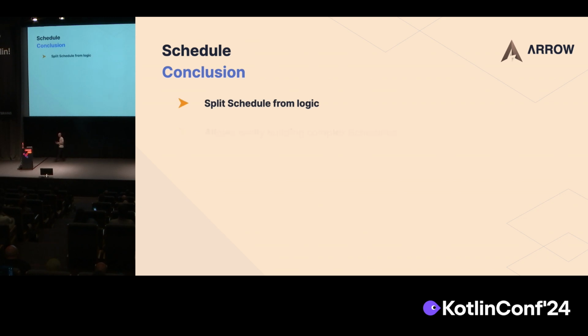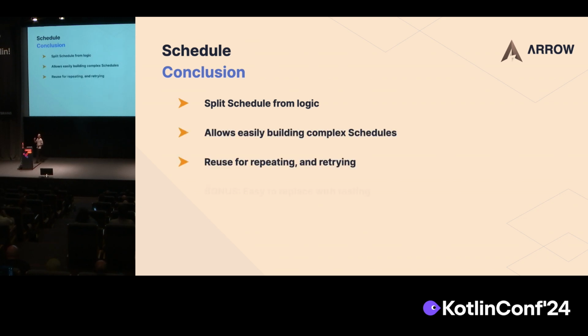So, to conclude, a schedule allows us to very easily split our scheduling policy from our logic. And it allows very easily for building very complex schedules just by using the builder methods. It can be reused for repetition and retrying both exceptions and typed error handling.